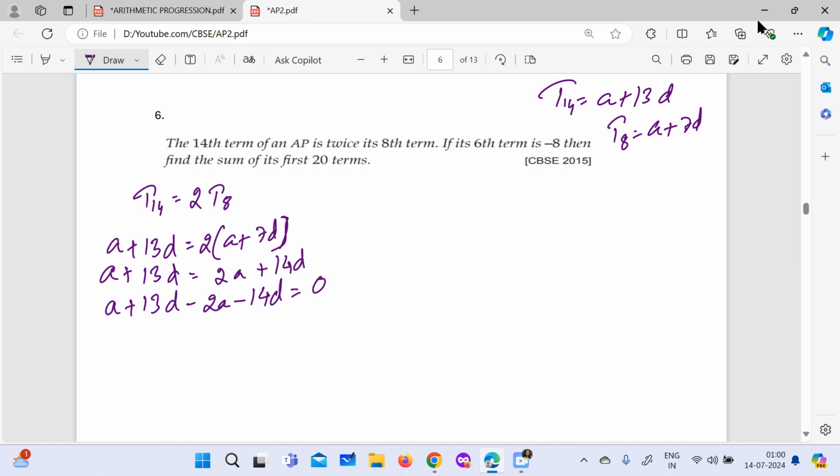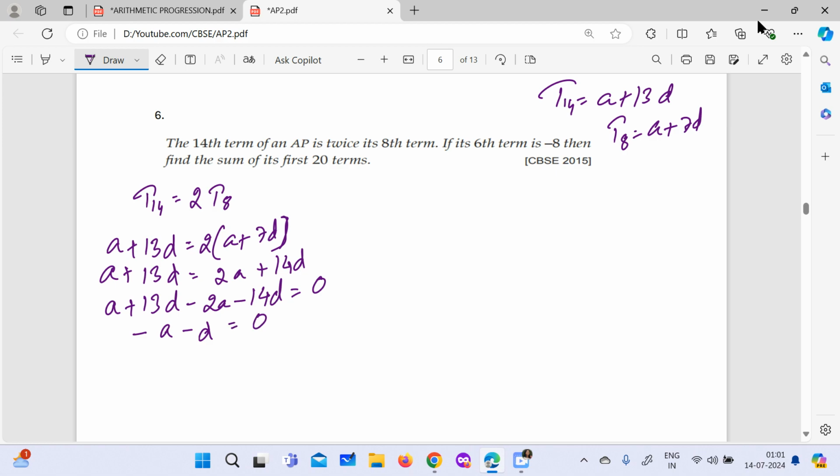So here we can solve this one, and you get minus 2A plus A will give you minus A, and minus 14D plus 13D will give you minus D, that is equal to 0.